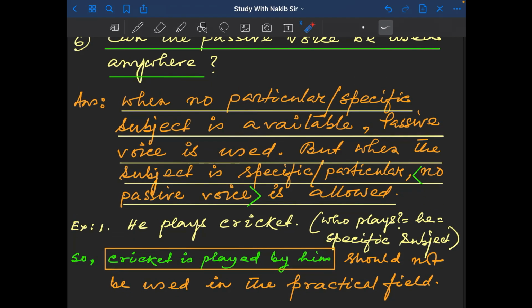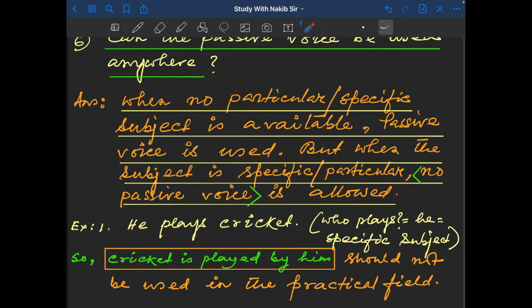He plays cricket. See, who plays cricket? He plays cricket. He, particular subject. Clear. No problem about who the person is, who is playing cricket. Here he. So when you get this type of particular specific subject, never use cricket is played by him.